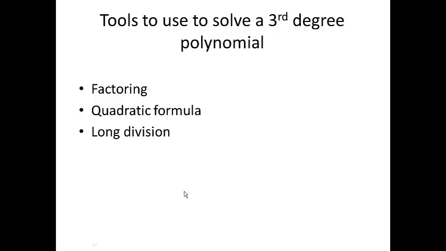And then of course you have long division, which is basically after you know what a solution is, then you can use long division to factor out, for example, the x minus 4 that we did. So you have factoring, not only factoring GCF, but factoring quadratic. You have the quadratic formula and long division.